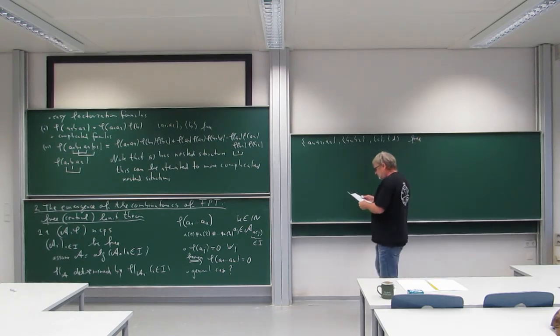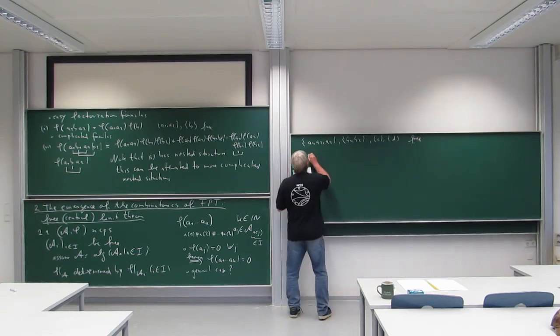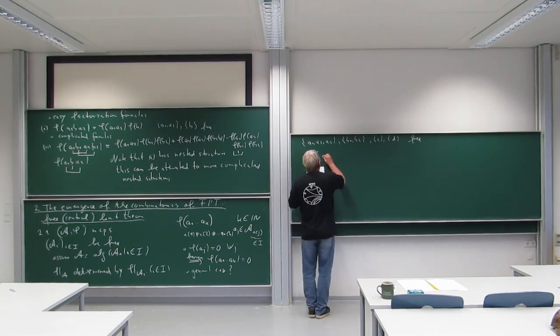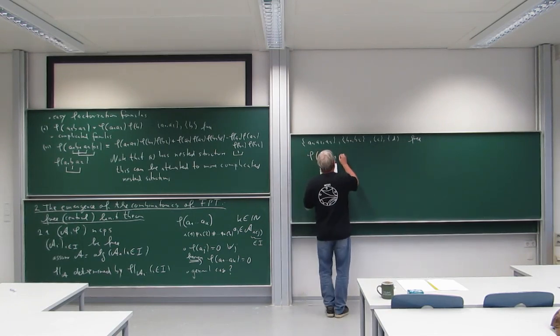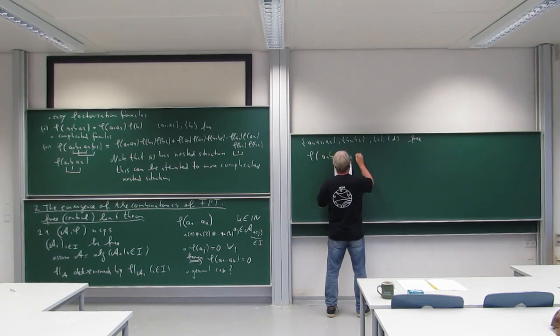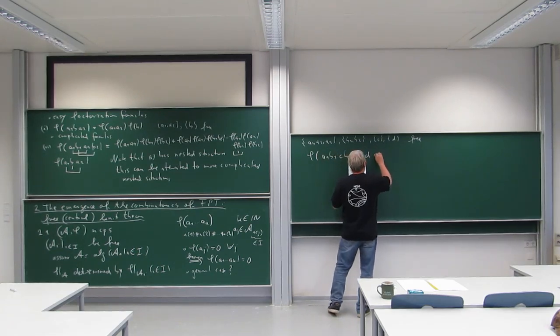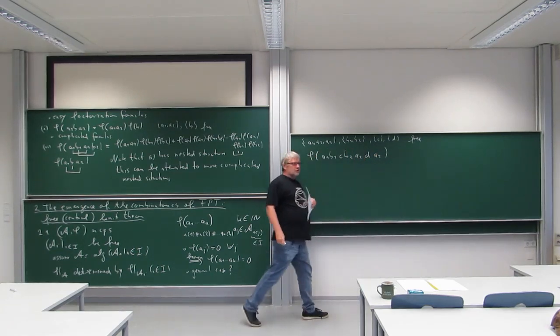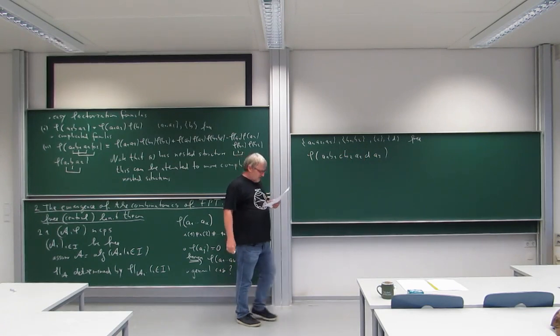Okay, so assume those are free. And then let us look at the moment, let's say, of this form: B1, B1, C, B2, A2, D, A2. So this is now a joint moment in the variables which I have there.